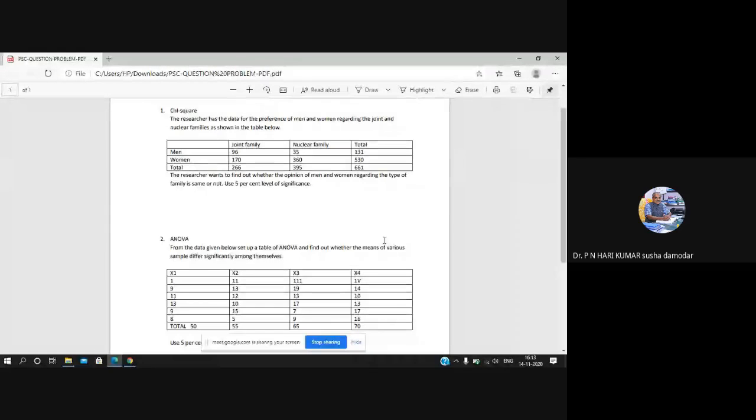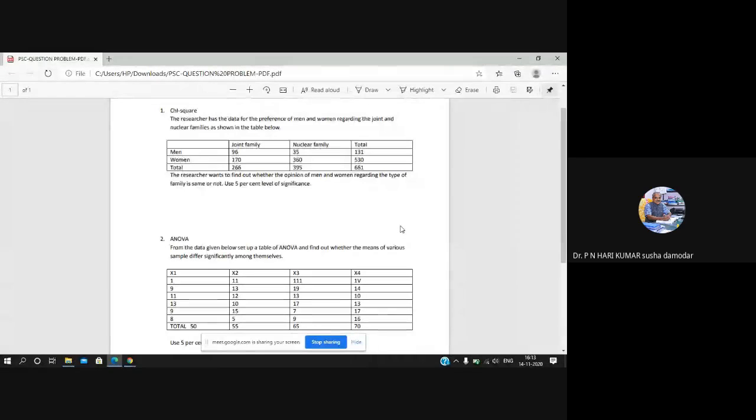The first one, chi-square. See, it is impossible to solve this problem through online classes, but I will explain it. Chi-square: joint family, nuclear family, 2 groups. Men and women, the respondents may be categorized according to their gender.